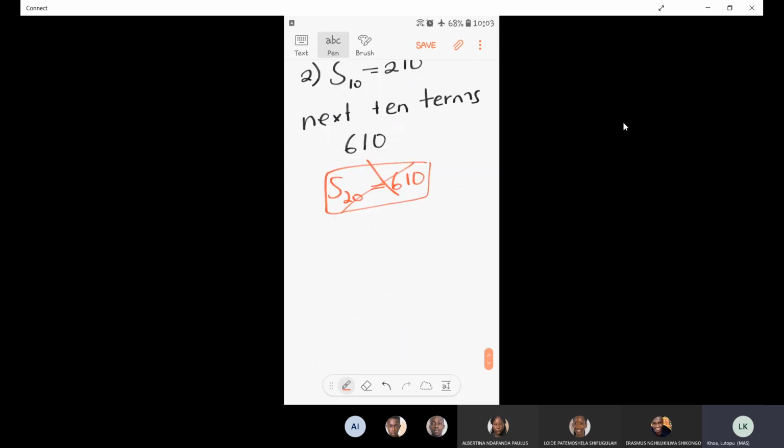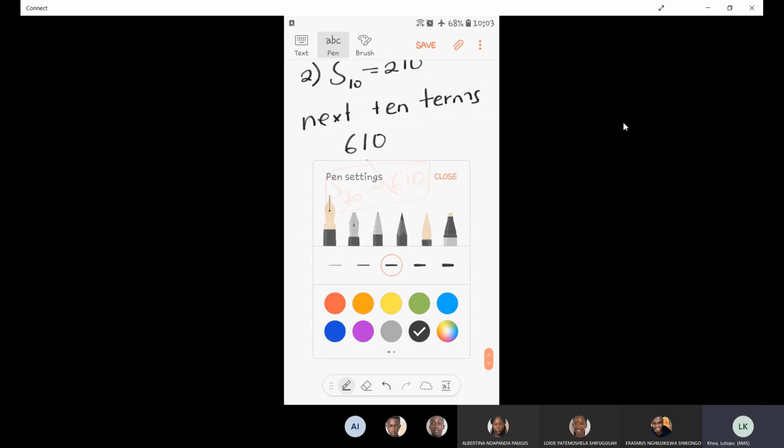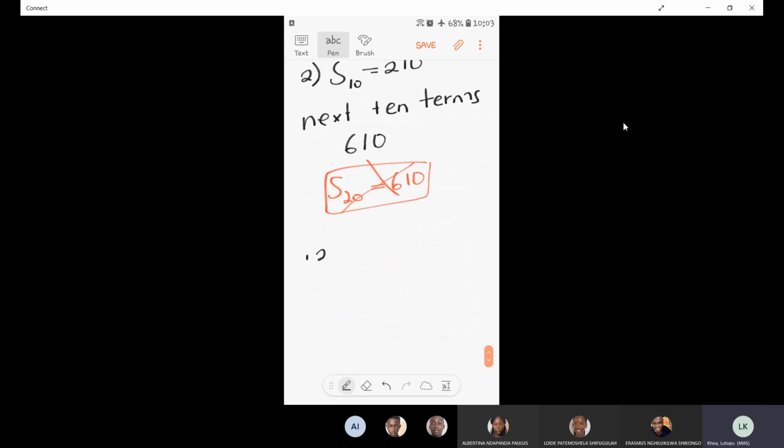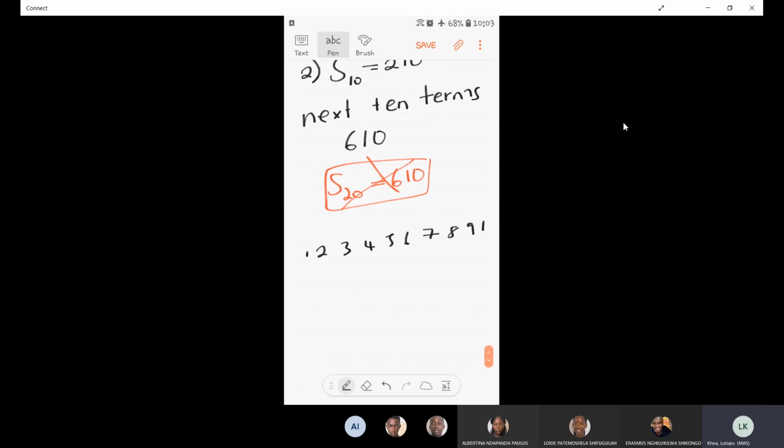What it is saying is if you have your terms 1, 2, 3, 4, 5, 6, 7, 8, 9, 10, when you add all of these up, you will get 210. Then you have 11, 12, and then you continue up until 20. When you add these ones here, what you get is 610.